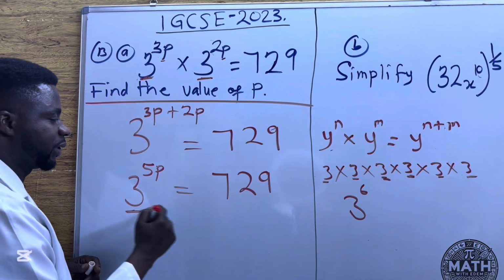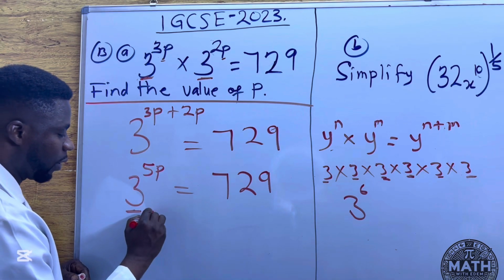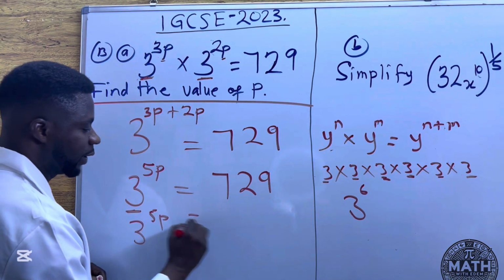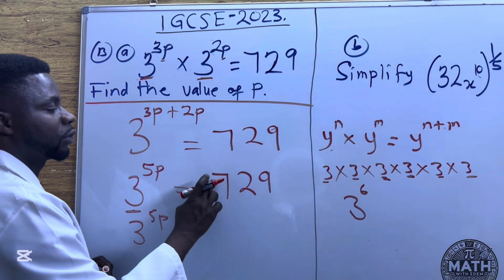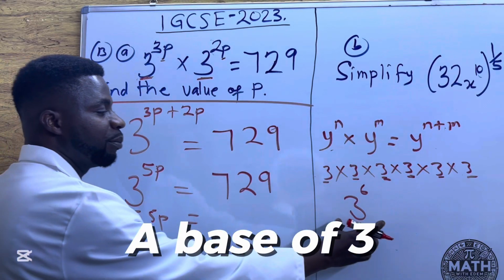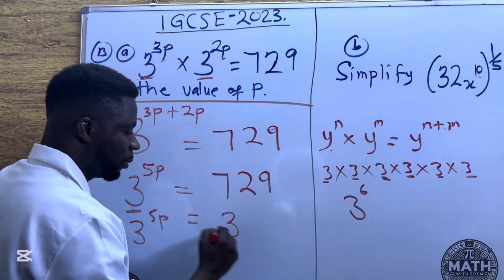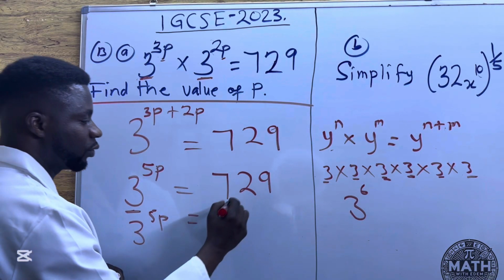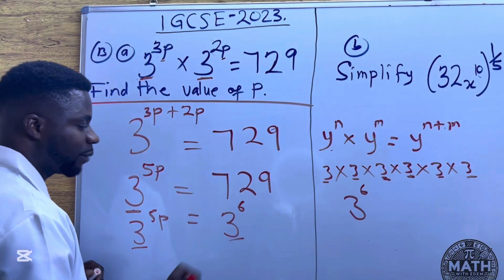I'm going to repeat the same thing. So we have here 3 to the power 5p is equal to 3 to the power 6. Okay, so 729, we have changed it to what? A base of 3. So that gives us 3 as a base and then to the power 6. Great. So now we have the same bases.